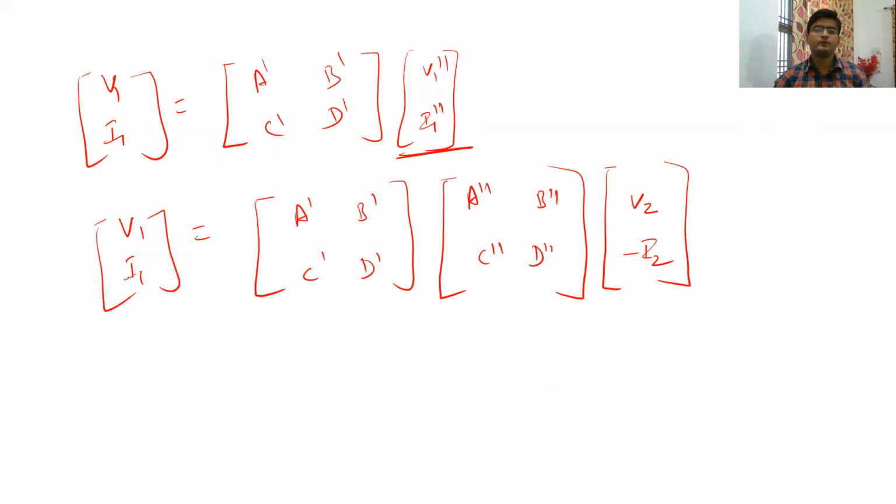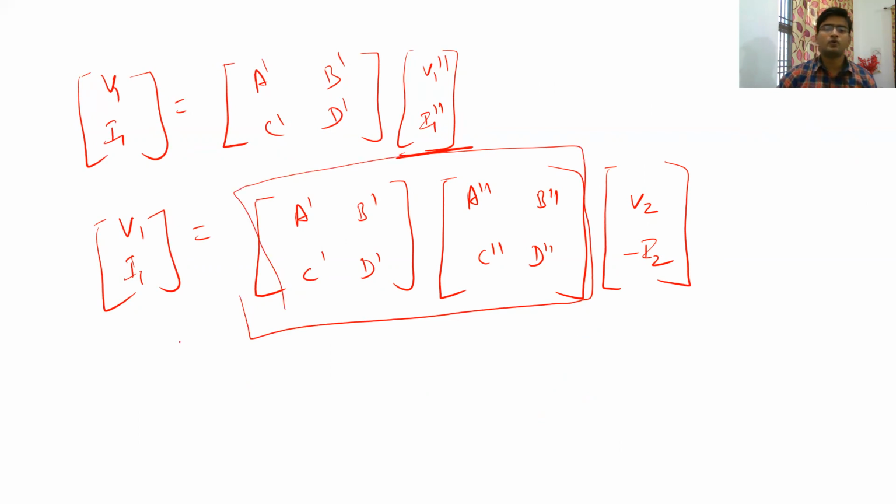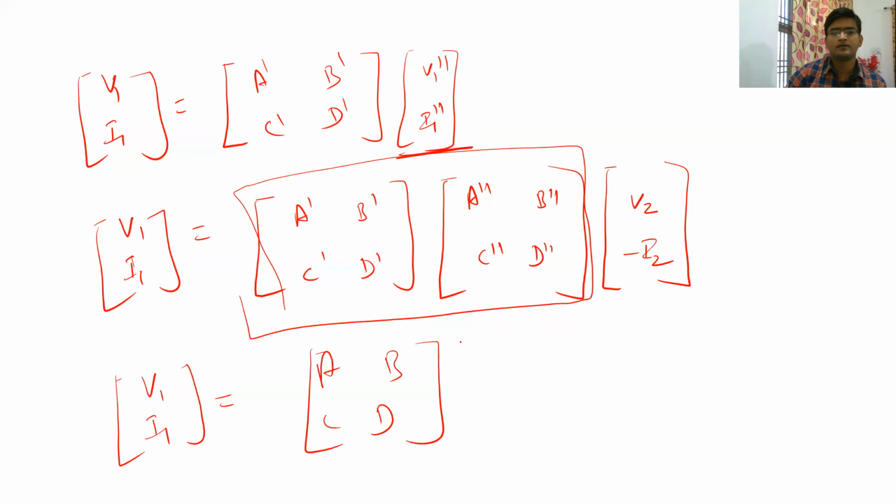So you have a relationship between V1, I1 and V2, minus I2, and in between you have got these two matrices. You also know that for a normal ABCD parameter of a single two-port network, you have A, B, C, D, V2 and minus I2. So on comparing these two, what do you get?